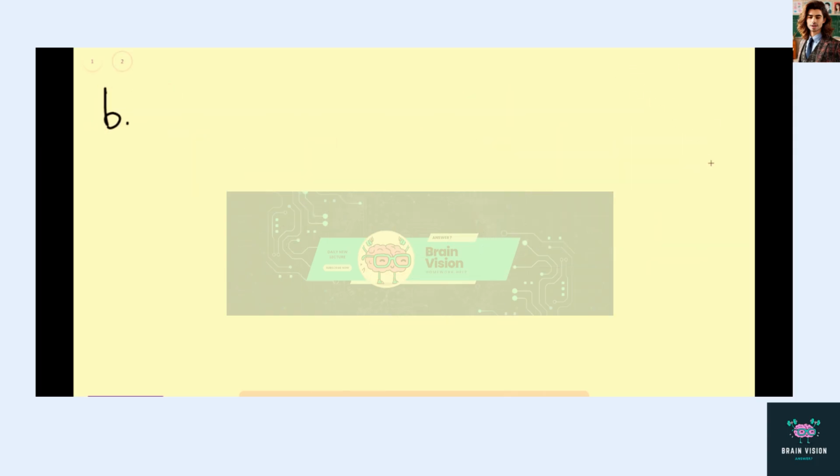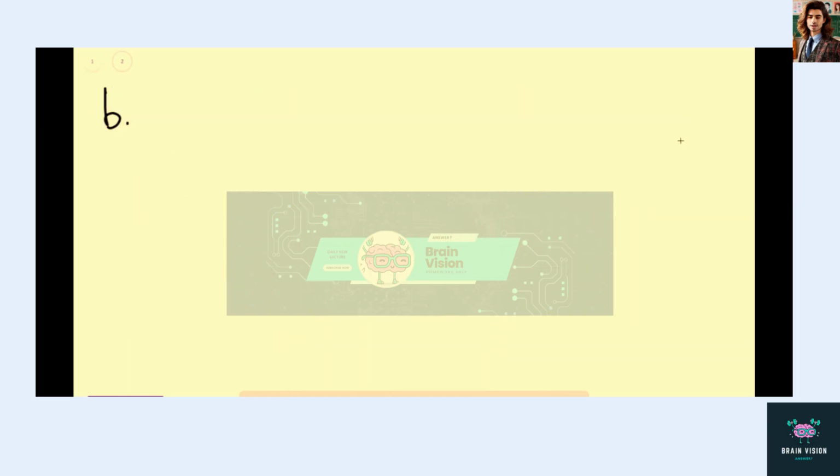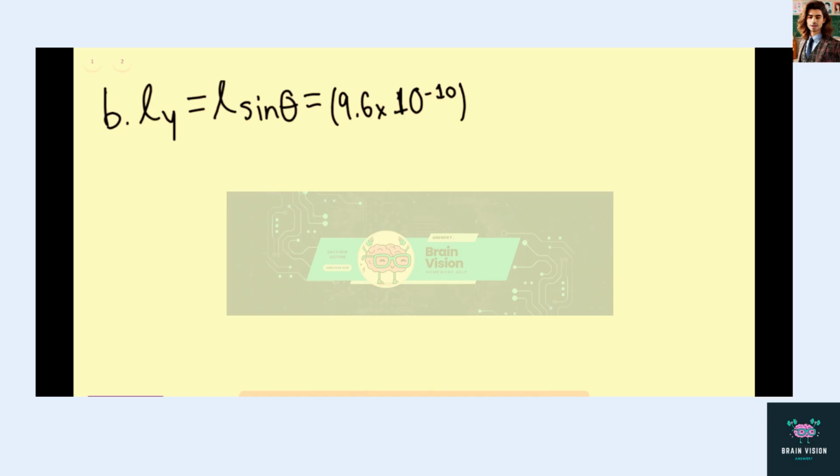And for part B now, the axis of rotation is bisecting the plane of the molecule. Therefore, we can say that L sub y would be equal to L sine of theta, and this would be equal to 9.6 times 10 to the negative 10th multiplied by sine of 52 degrees.